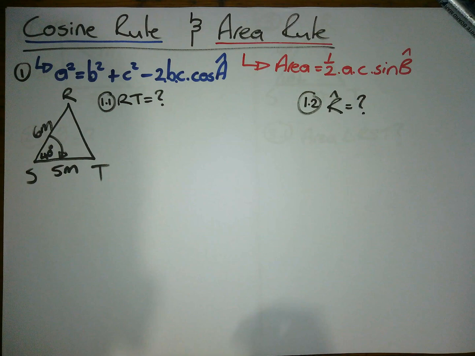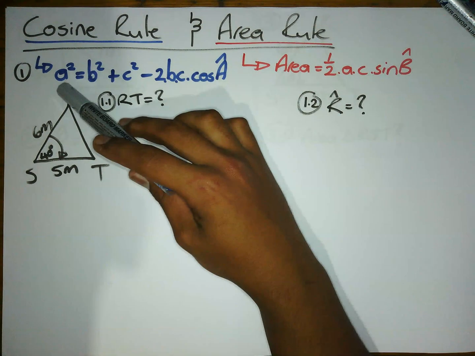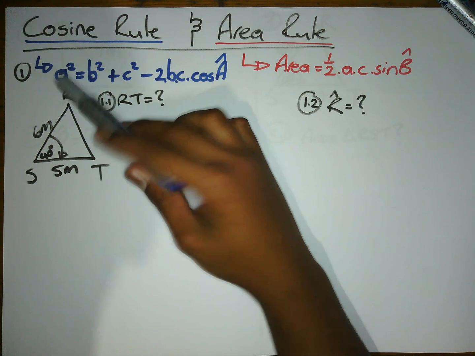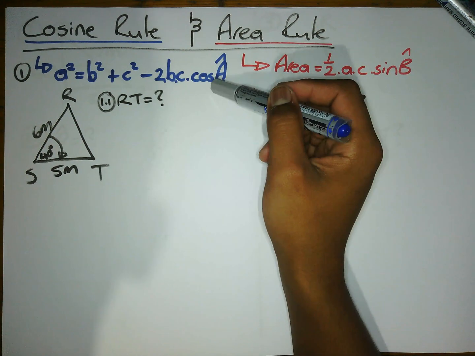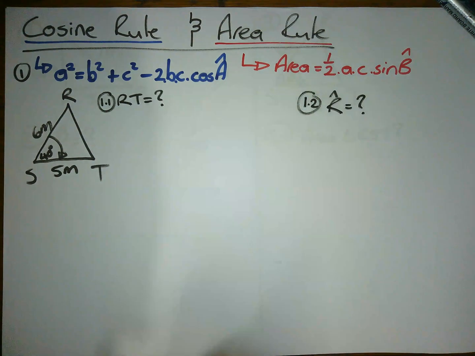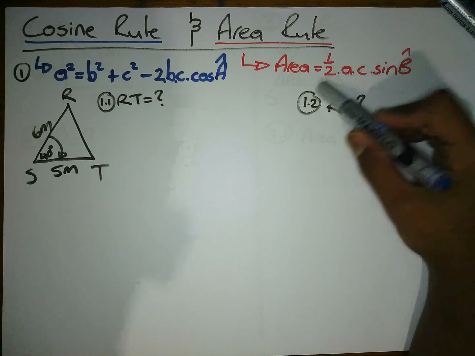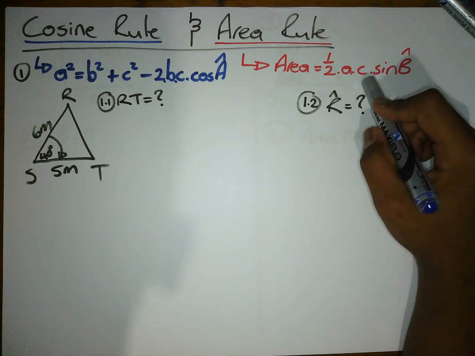So yeah, cosine rule, you will usually be asked to get the length of a side, but you can be asked to get the size of an angle. You must manipulate nicely. Area rule, it is straightforward, but sometimes you could be given the area and maybe one side and the angle.